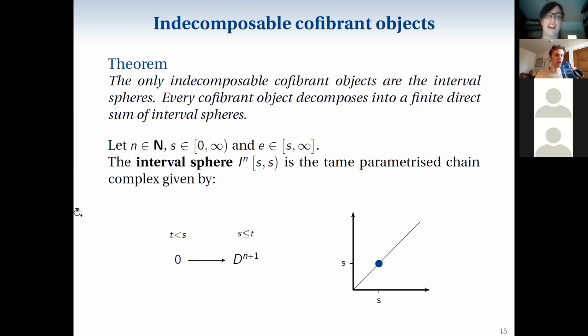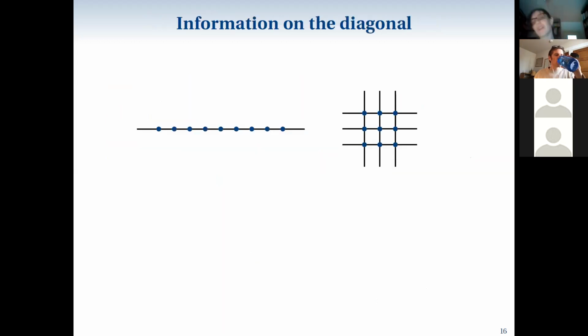I want to show you the same example that Wojciech showed you last week about why points on the diagonal cannot be totally disregarded. Let's take 9 points, where in one set they are distributed along a line, and in the other they are over a grid.